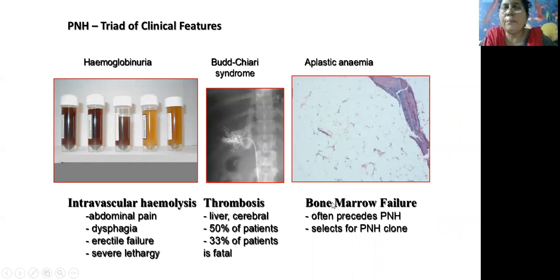Do you remember that when I took aplastic anemia, I said PNH is one of the causes. Often precedes PNH. So it selects for PNH. This is again a triad. Hemoglobinuria, thrombosis, intravascular hemolysis causing hemoglobinuria, thrombosis, and bone marrow failure. This is a triad you get in PNH.